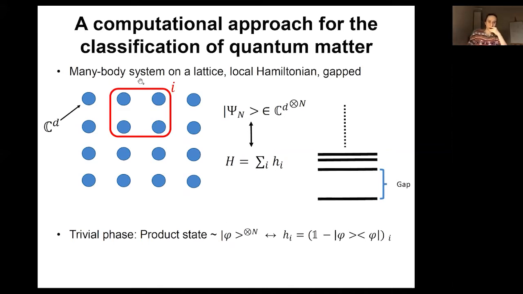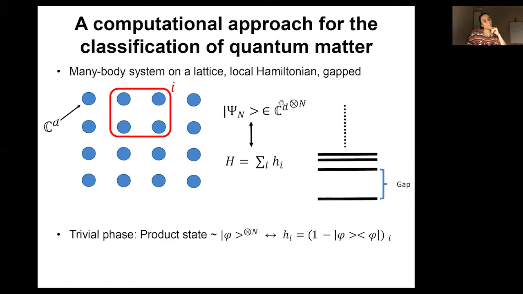We are interested in a many-body system put on a lattice, and we assume that we are given a gapped local Hamiltonian. What does that mean? It means that at every vertex of the lattice, we have a spin system of dimension d, and quantum states live in (C^d)^⊗N, assuming that we have N of these particles or spins.